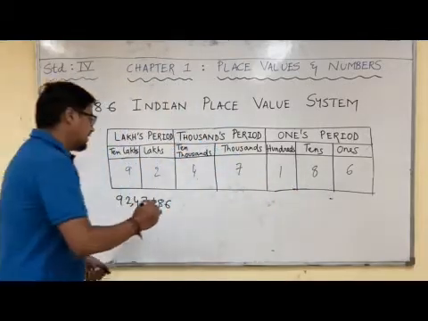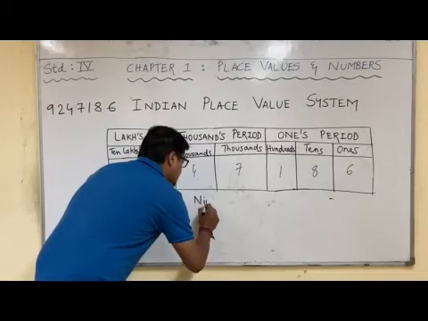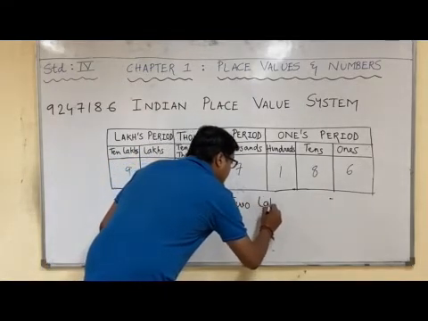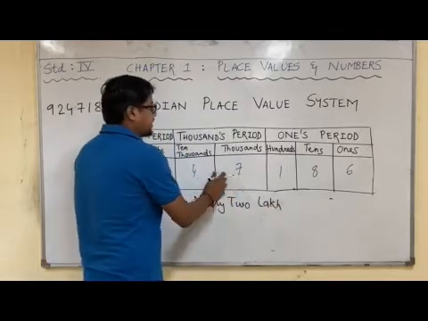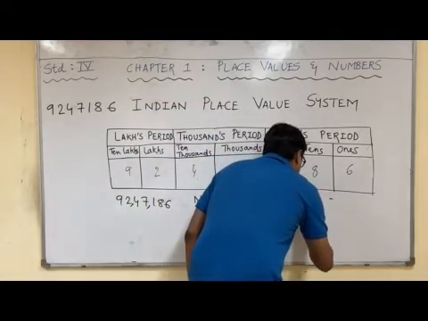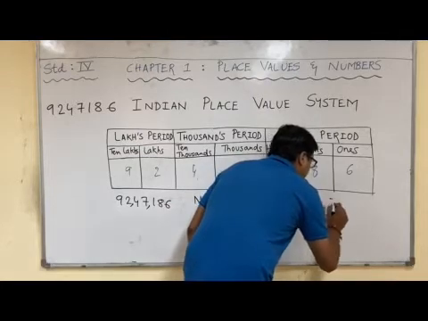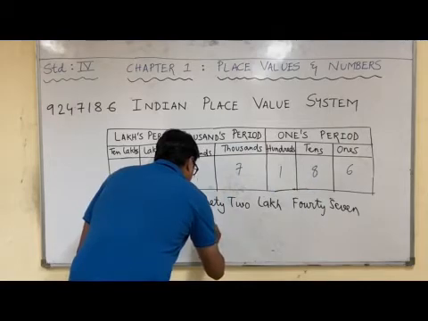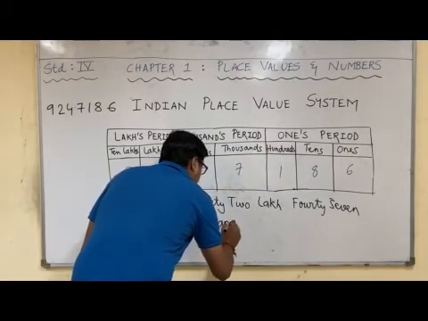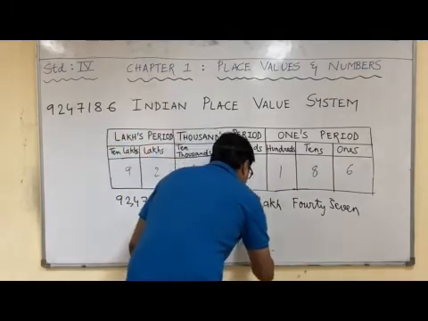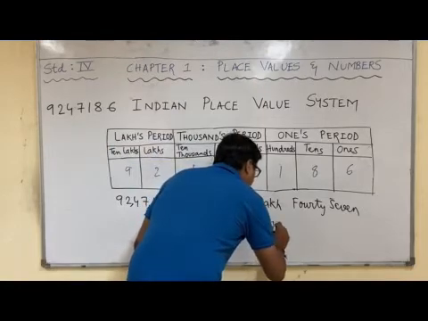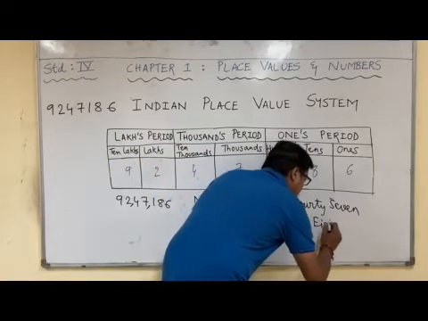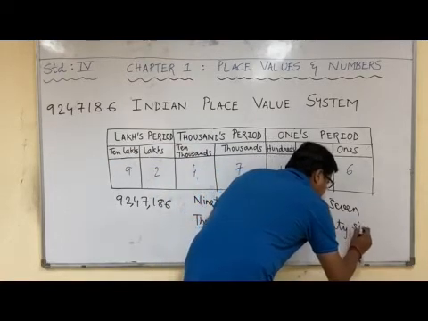So we will write it: 92 lakh, 47,000, then what do we have? 186.